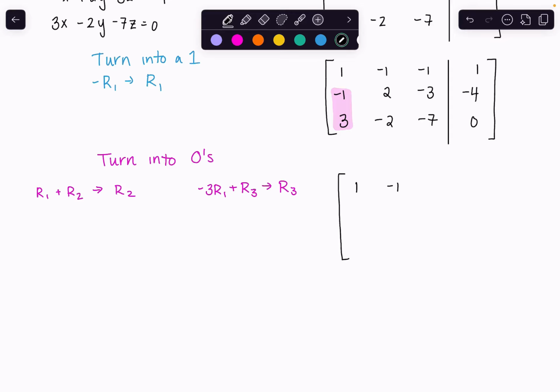And so this first one will stay completely untouched, but my other two are going to transform. Okay, so starting with this first operation, again, let's go ahead and write these out. Row 1, row 2, and now my new row 2.